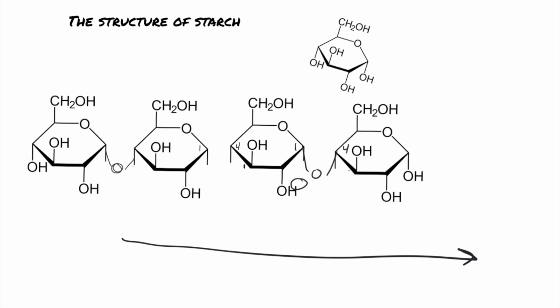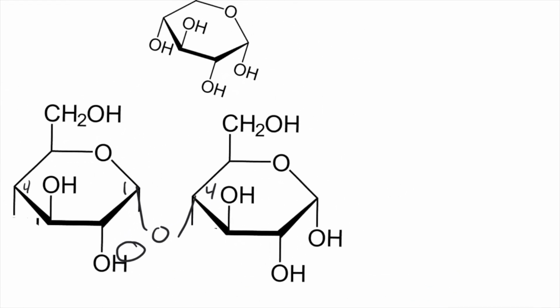So where is carbon number 6 here? That is carbon number 6. So 1, 2, 3, 4, 5, 6. And carbon number 1 from this glucose, so the OH here and the OH here, those are going to condense and form a glycosidic bond.